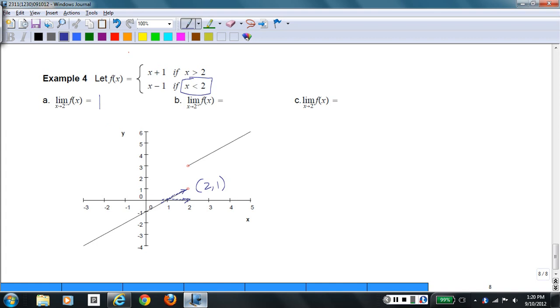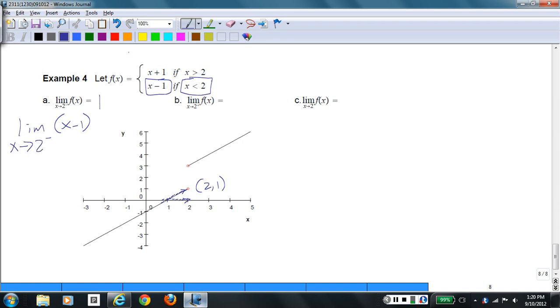Now in practice what we'll do is this. To evaluate this limit algebraically by direct substitution when possible, we'll just say, okay, we only want to consider values of x that are less than 2, so we're only going to consider this rule. So the limit of f of x as x approaches 2 from the left is equal to the limit of the expression x minus 1 as x approaches 2 from the left.